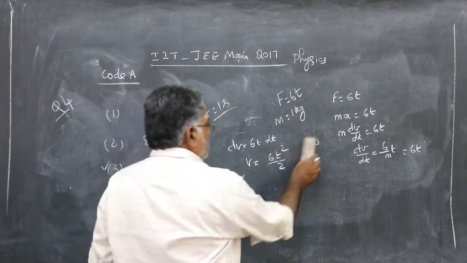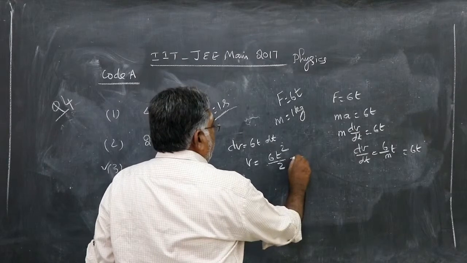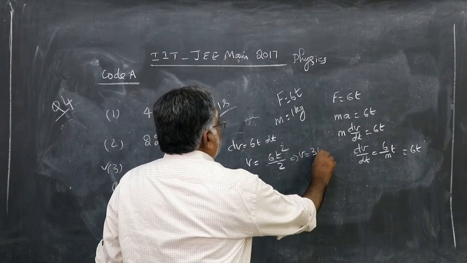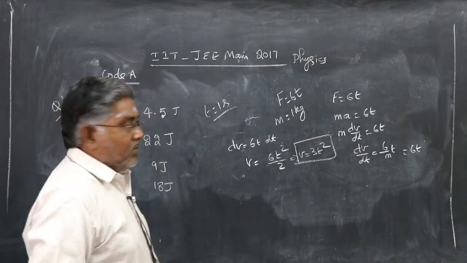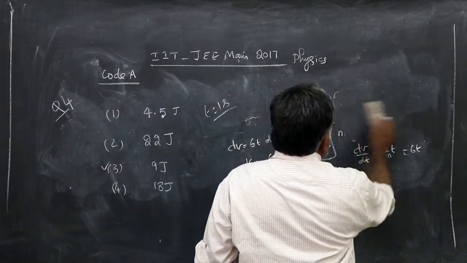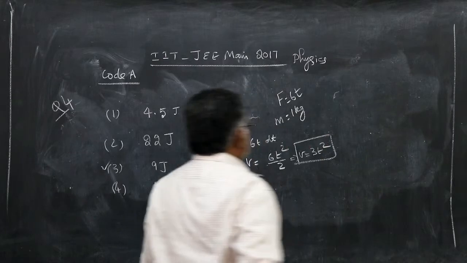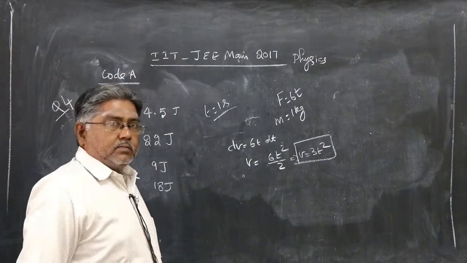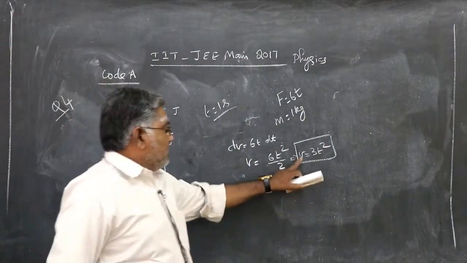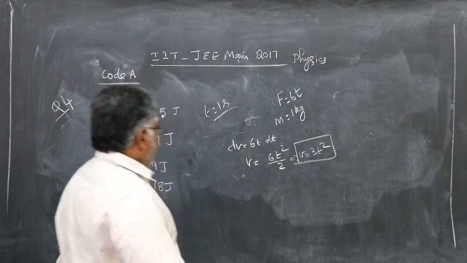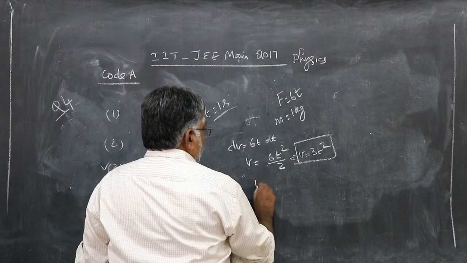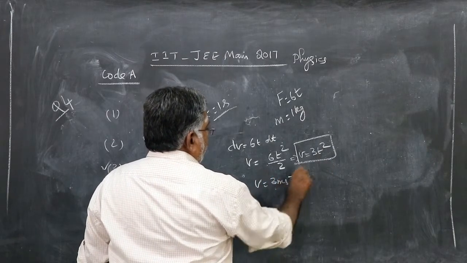So the expression for velocity is simply v is equal to 3t square. Okay, 3t square. This gives the velocity of the particle at any instant of time. So when time t is equal to 1 second, v is 3 meter per second.